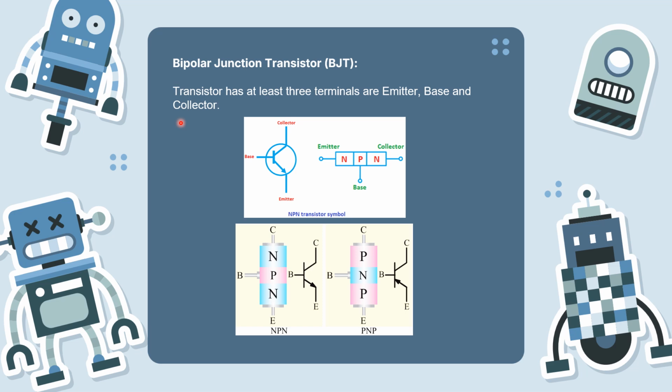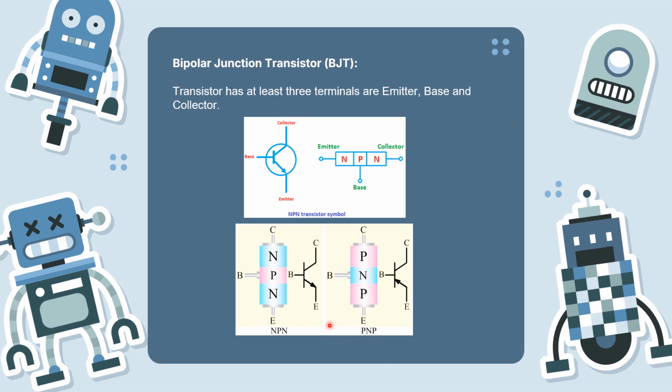And because the BJT, bipolar junction transistor, is a famous one, we are going to introduce it. It has at least three terminals: emitter, base, and collector. There is an NPN junction or a PNP junction. If it's NPN, we call it an NPN transistor, and if it's PNP, we call it a PNP transistor.